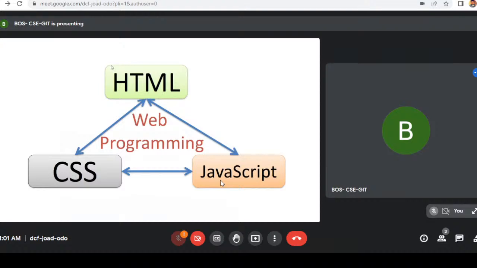Now, you can see this triangle where you have HTML written. HTML stands for Hypertext Markup Language. Then you have CSS, that is cascading style sheets, and then you have JavaScript. You can see all three are connected to each other, right? I'm going to give you brief information about this, because in detail we are going to learn it in the subject.